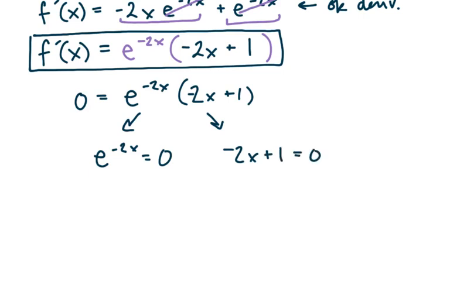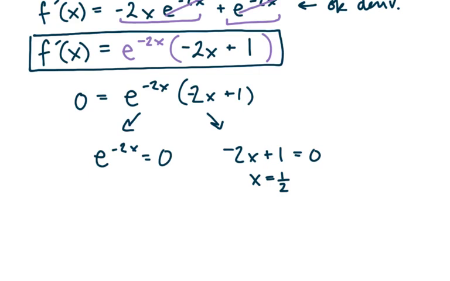In this situation, I can solve each of these. The one on the right is pretty easy. It's linear. I'll subtract 1, divide by negative 2, and I get x equals 1/2. On the left, we're solving an exponential equation. And solving that exponential equation means we would take the log of both sides, or convert this to a logarithm.